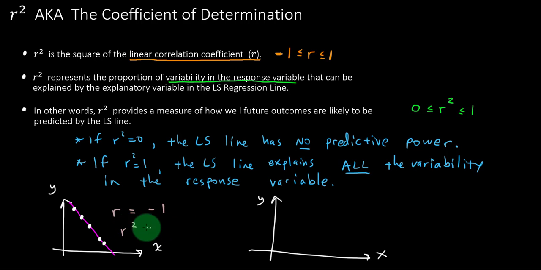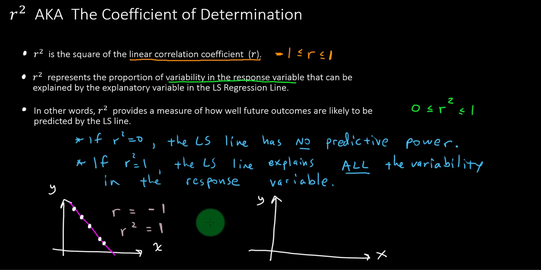R-squared would be a positive 1 because based on this sample data, if you change x, you know exactly what to expect and why. Because look how perfect it is. So you would feel very good about the predictive ability of this line to make predictions about y based on x, because the line accounts for all the variability in the response variable.